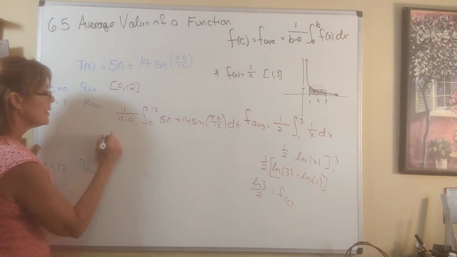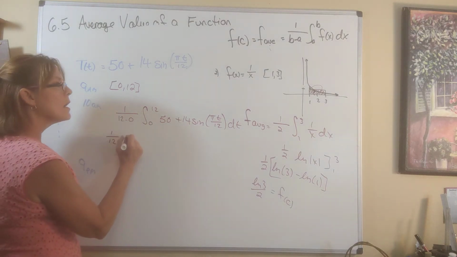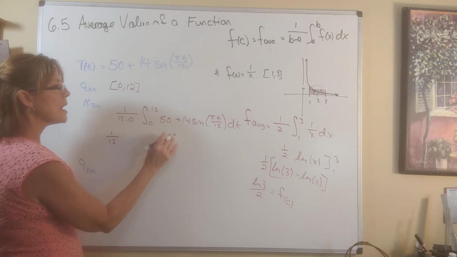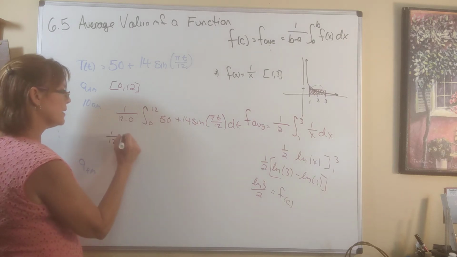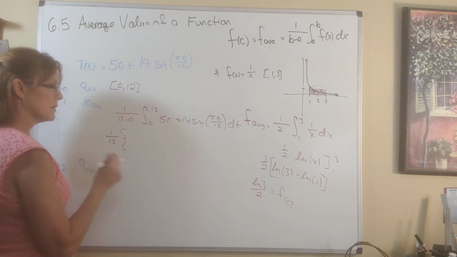So 1 over 12 is equal to, let's see, I'm going to split up my integral. I'll just put little braces there and it will distribute.